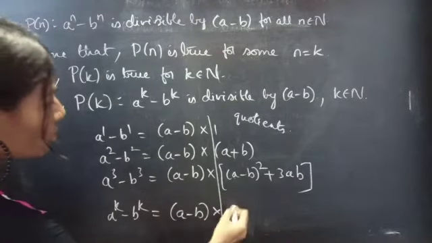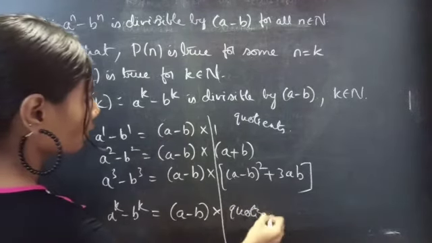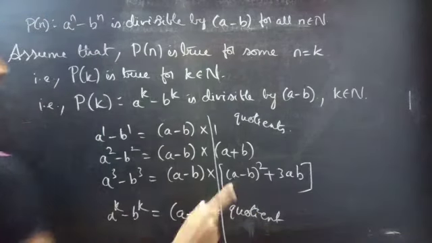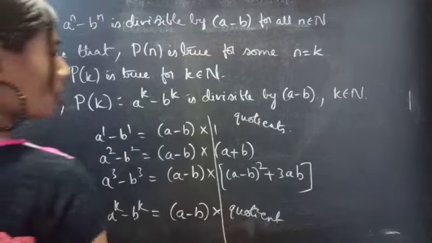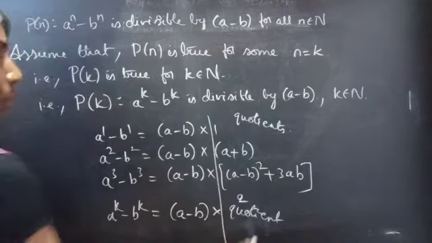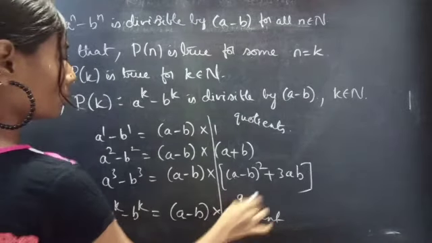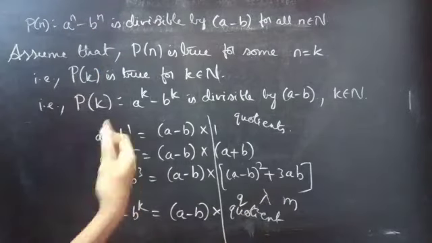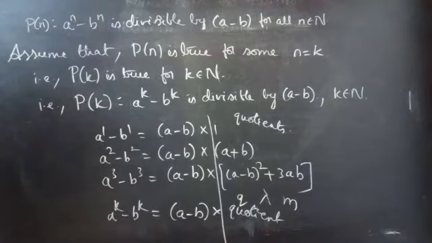into some quotient, right? So we don't know what exactly we'll get in the quotient. Let's name it as some q, or some lambda or some m, or any symbol.